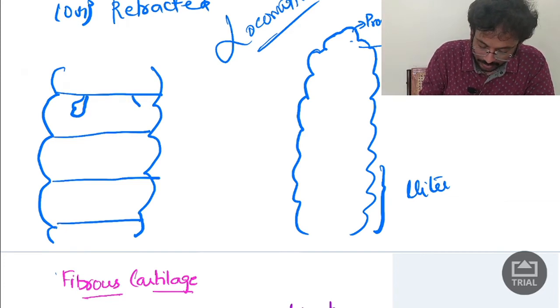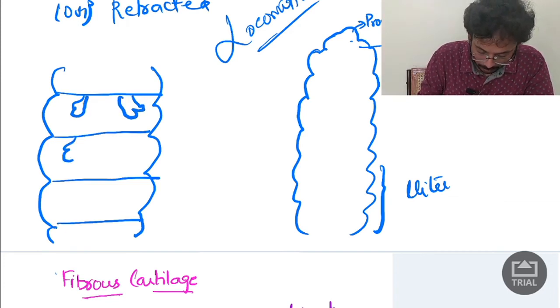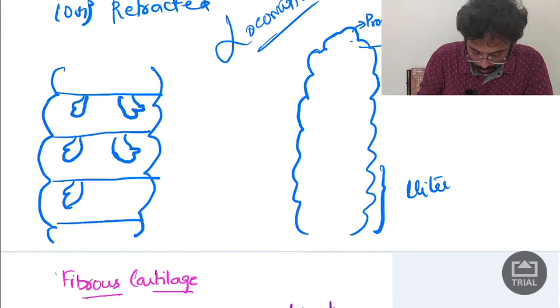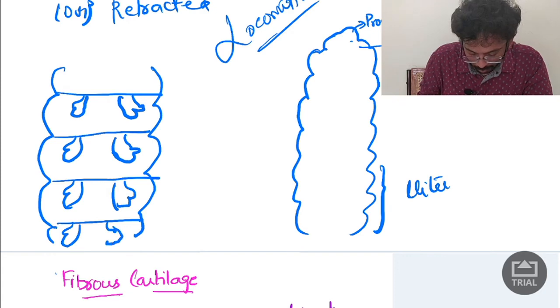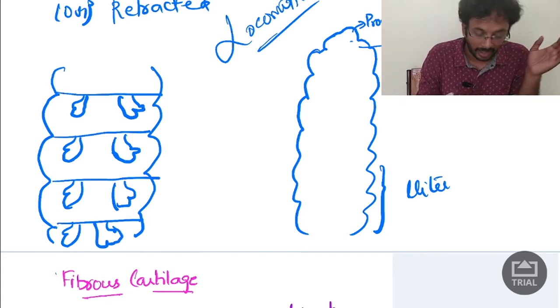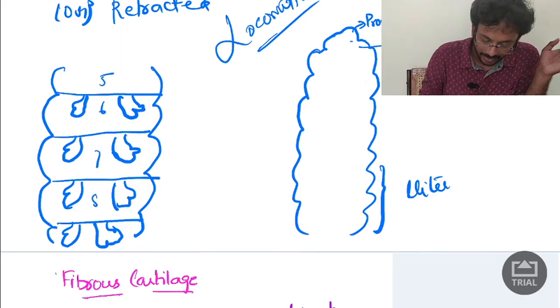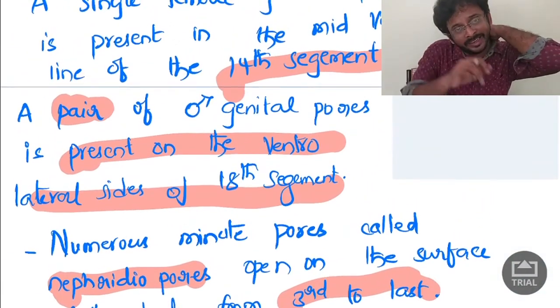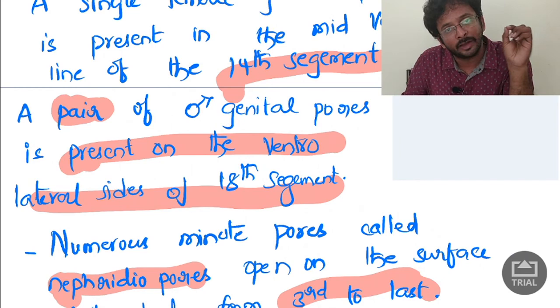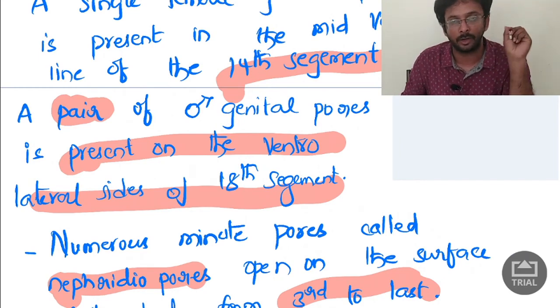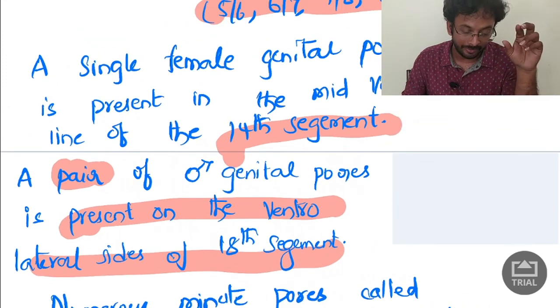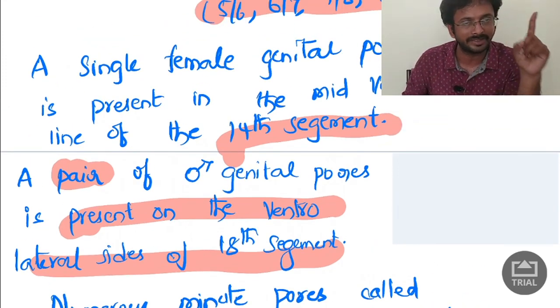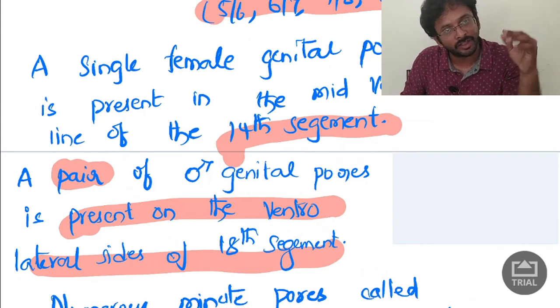The spermathecal apertures will be present like this, 5/6 and so on, on the 5th to 9th segments. The male genital pore is present on the ventral side of the 18th segment, a pair of male genital pores. Whereas a single female genital pore is present on the mid-ventral line of the 14th segment.